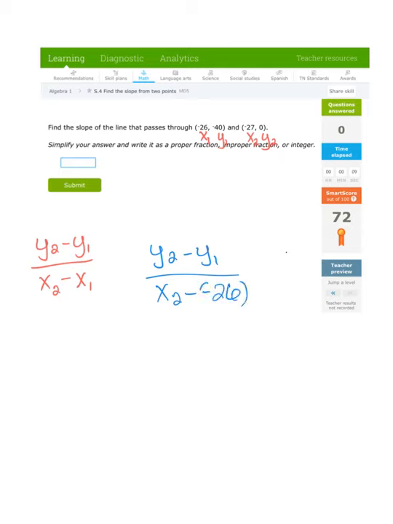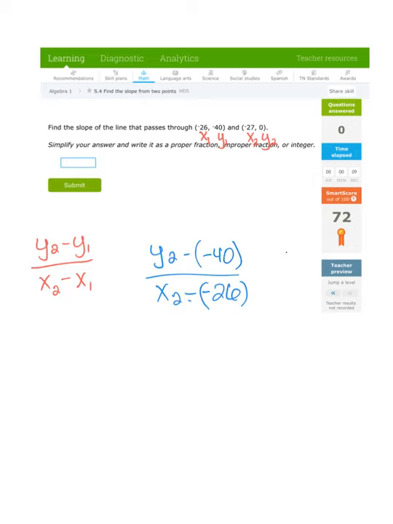Now notice I did not erase the subtraction sign that's in the middle. My y sub 1 will go here. My y sub 1 we can replace with negative 40. And remember, anytime I replace a letter with a number, I put it in parentheses.